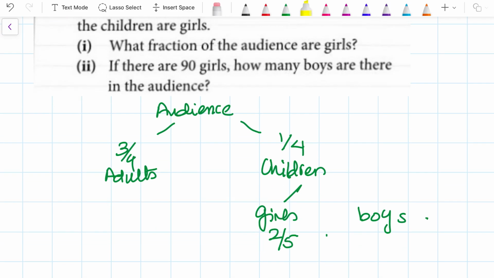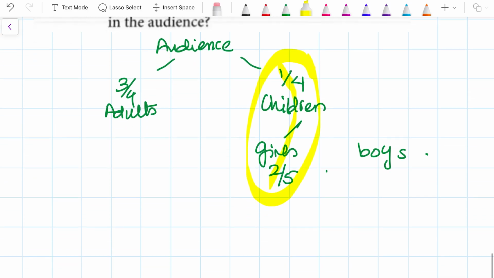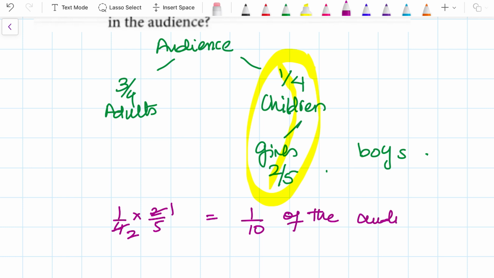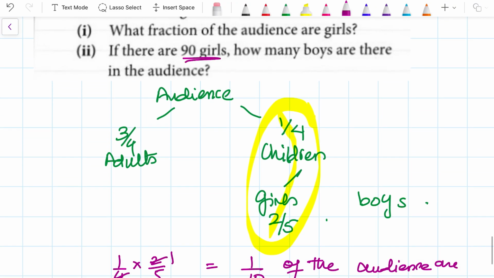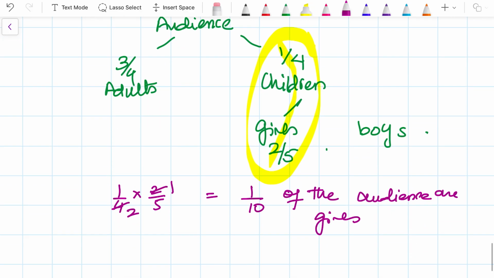So 1/4 children, and out of that 2/5 are girls. So what do we do? We multiply these fractions. 2 times 1, 2 times 2, it becomes 1/10. 1/10 of the audience are girls. Now, if there are 90 girls, how many boys are there in the audience?